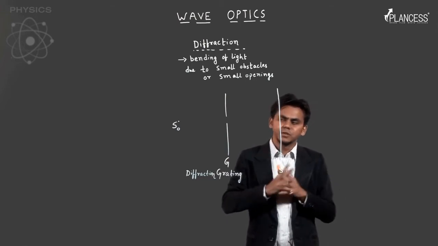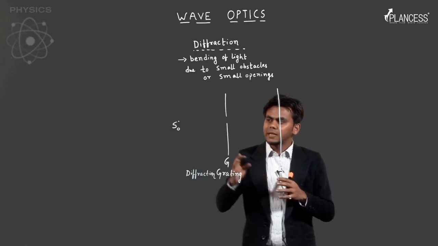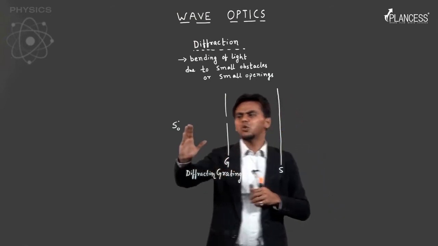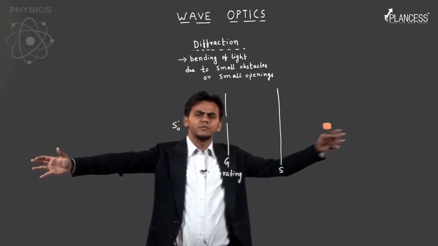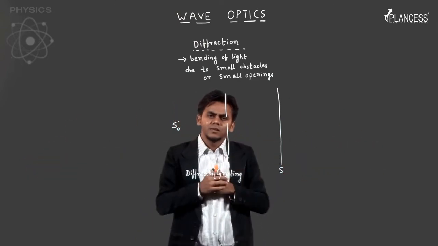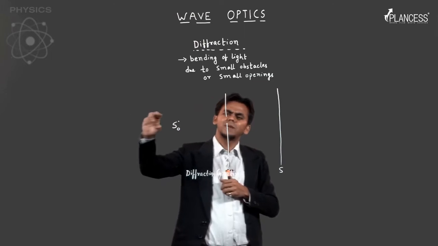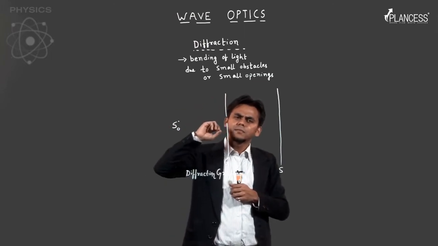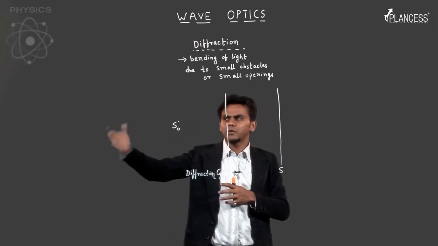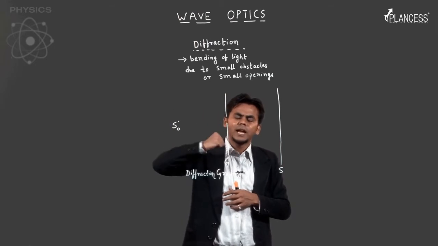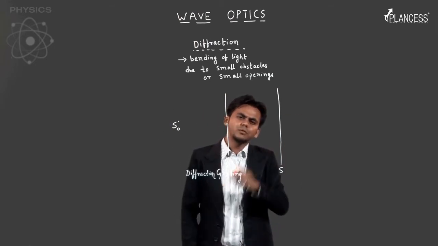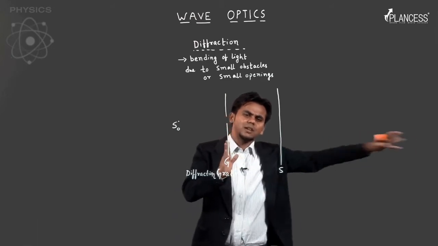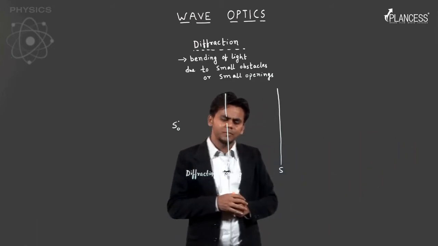What Fraunhofer did was, he said that if my source is at infinity and screen is also at infinity from grating, then I'll have all the rays almost parallel to the grating, right? Because if rays are coming from infinity, they would be parallel. And from diffraction grating to screen also they would be parallel because this is infinite distance away from me.